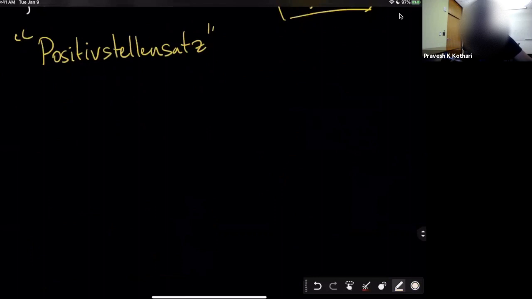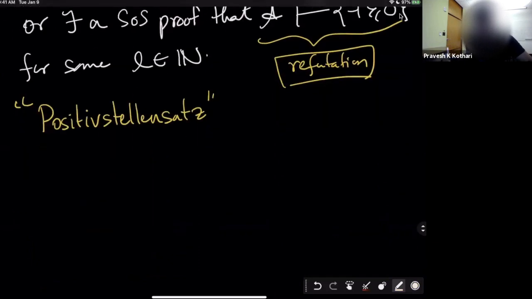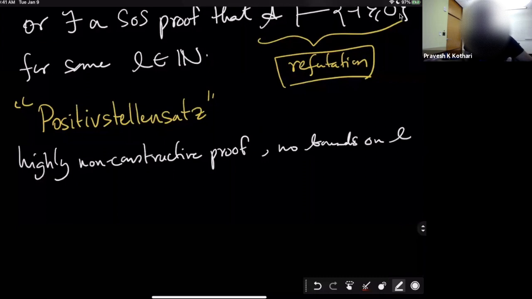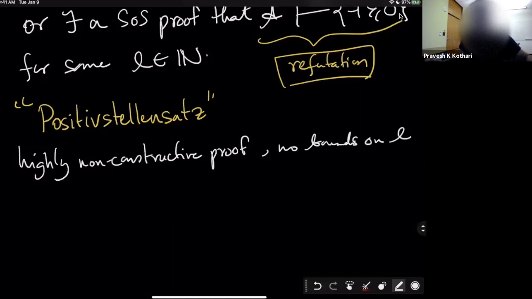That's good. It tells us that, at least in a certain sense, there is always a refutation if you allow large enough degree. But of course, the proof of this theorem is highly non-constructive, and in general produces no bounds on the degree L. So even though it just proves that there is an L for which there is a refutation like this, and generally doesn't give any bounds on L, when we are working with a certain system that we care about for an optimization problem, we are usually interested in fixed bounds on L. And so in general, we have to work quite hard to prove non-trivial bounds on L, which is not a surprise.